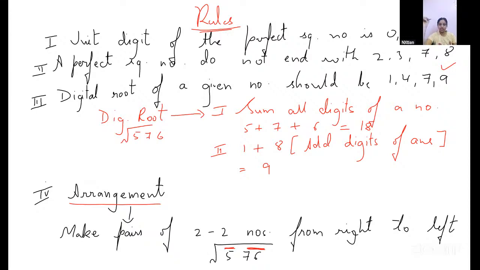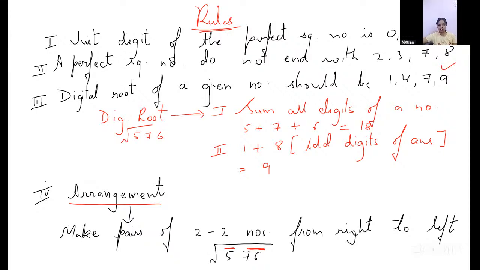If you have a four-digit number, then two and two. If you have a five-digit number, then two, two and one. That way you make the pairs. If a number is left out on the left side, just leave it. We will do it separately.